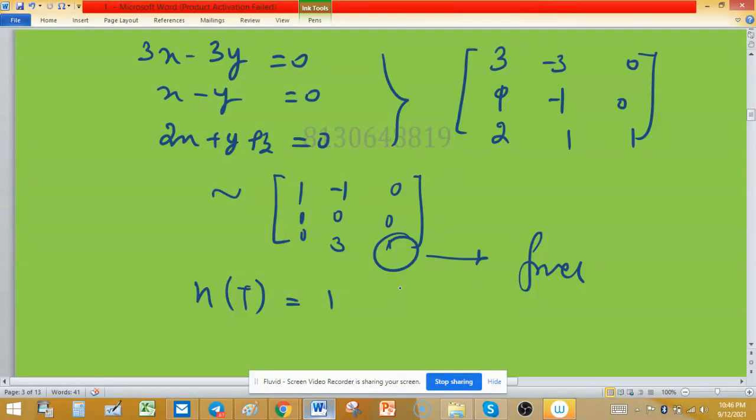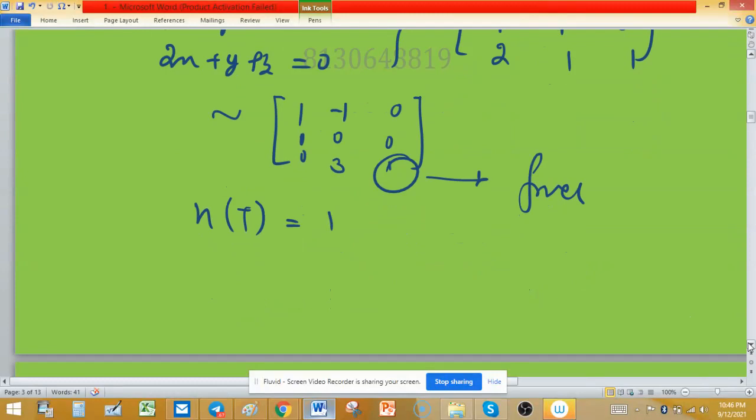Many times we are asked: what is the linearly independent vector of the null space? Asking for a linearly independent vector in the null space indirectly means asking for the basis element, because basis elements are linearly independent.